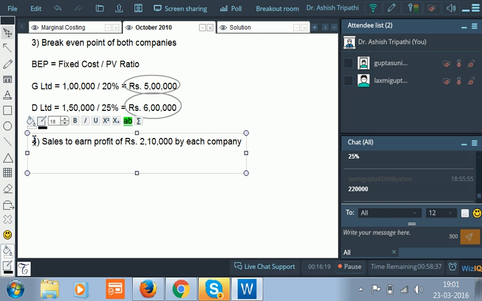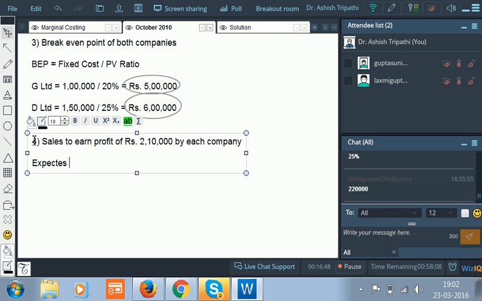Now this is like you will have to calculate the expected sales, or you can say desired sales. So you should know the formula for expected sales. Expected sales is equal to expected profit plus fixed cost upon PV ratio. So expected profit तो ठीक है, expected profit we have, plus fixed cost also we have, and we have PV ratio also. So we can calculate this. We don't require anything. We can go ahead with the formula of expected sales.